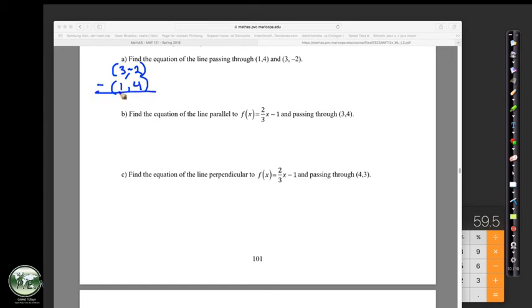Okay, again, subtract the x's. 3 minus 1 is 2. -2 minus 4, -6. And then we divide, put the 2 in the bottom. 6 divided by 2, -3. That's our slope.